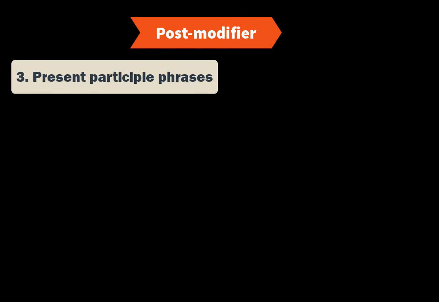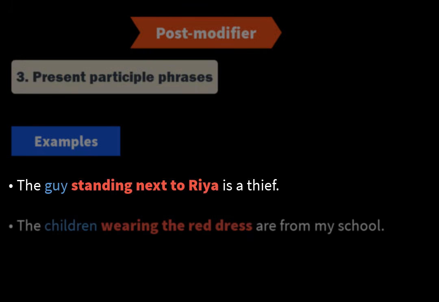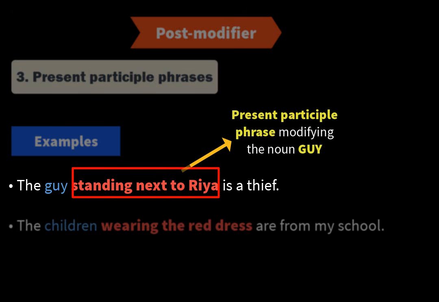The next type of post modifier is a present participle phrase. You already know what a present participle is. Here we have a present participle phrase working as a post modifier. Let's take some examples. The guy standing next to Ria is a thief. Which guy are we talking about?